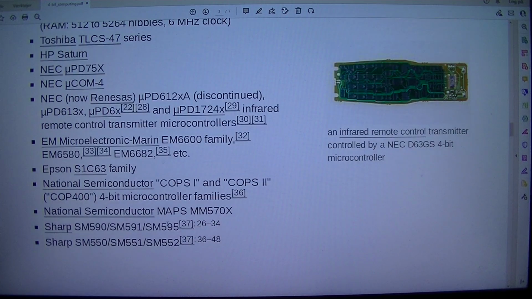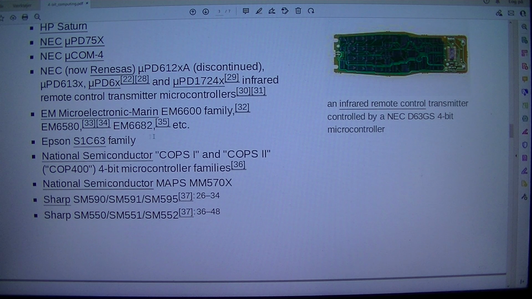Microelectronic Marin M6600 family, 32, M6580, 33, 34, M6682, 35, etc. Epson S1C63 family.